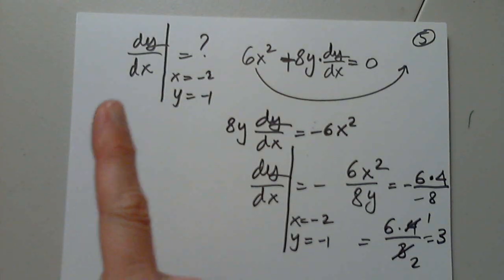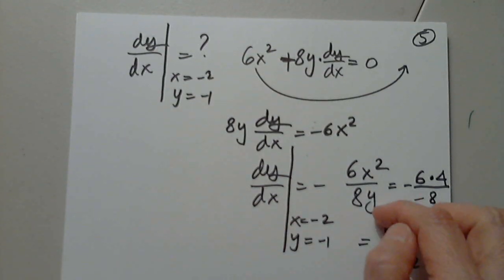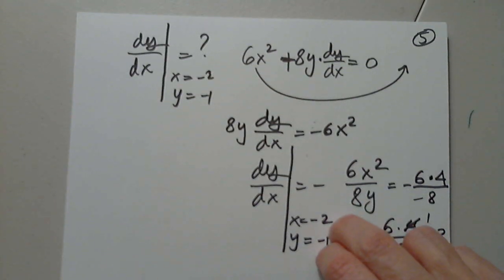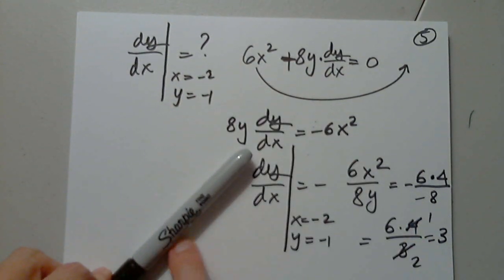So we determine the derivative of a function that we don't have. We determine the expression of the derivative. And by plugging in the values of the coordinates of that point, we are determining the slope of the tangent line to the graph of y at that point.